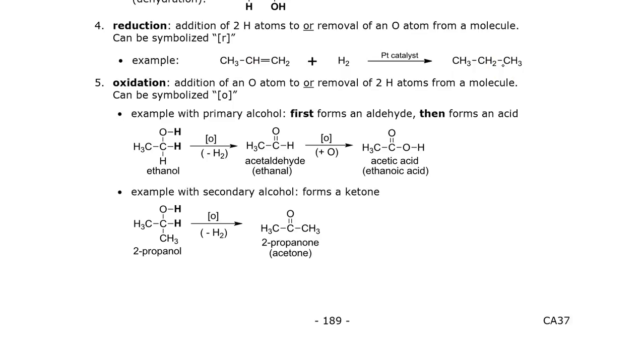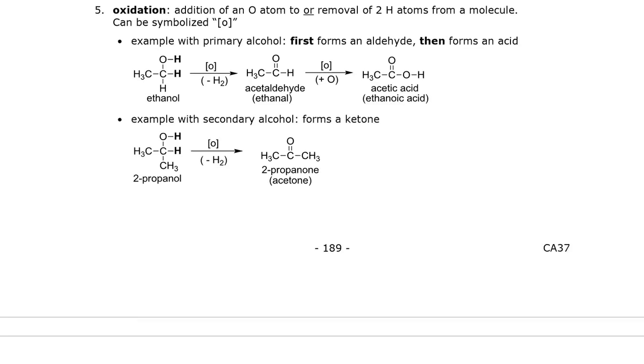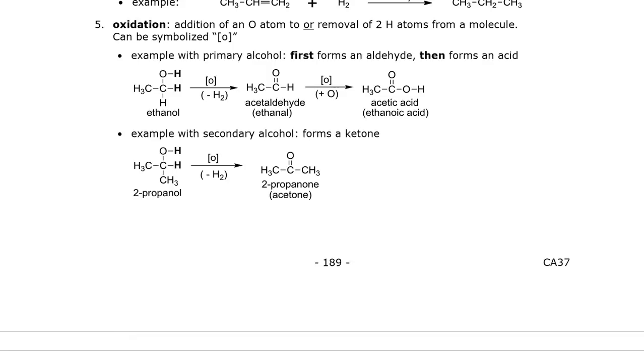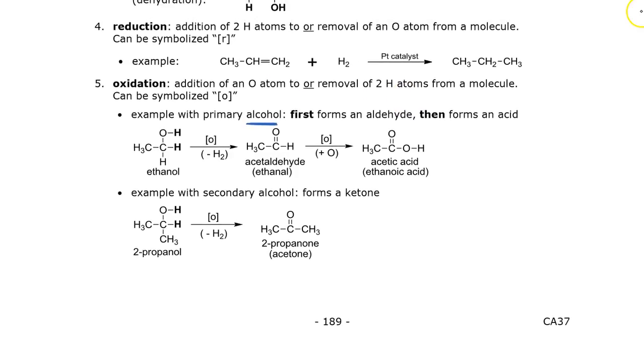I just went ahead and showed them being attached. Now we have oxidations, and we actually have 3 examples of oxidations because alcohols are a functional group that is commonly oxidized. An oxidation, as we've seen before, is an addition of an oxygen atom or removal of 2 hydrogens, which is just the opposite of the reduction.